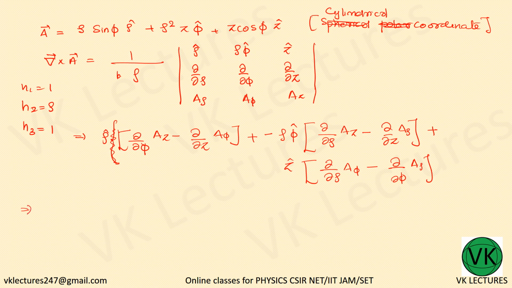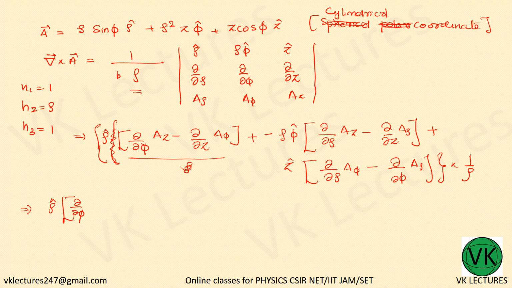that's equal to, here 1 by rho is also there. Let us divide the entire thing by rho. So rho cap into dou by dou phi of Az.